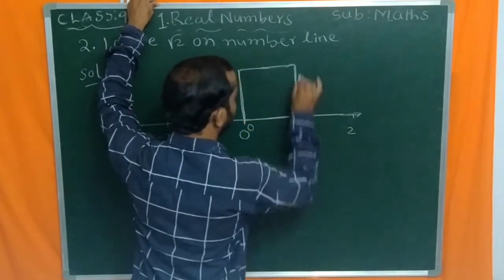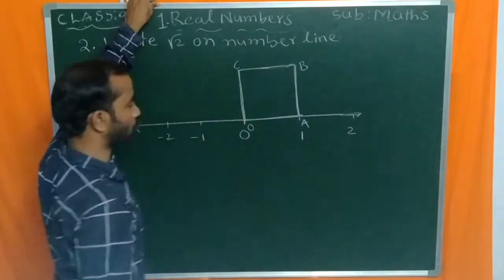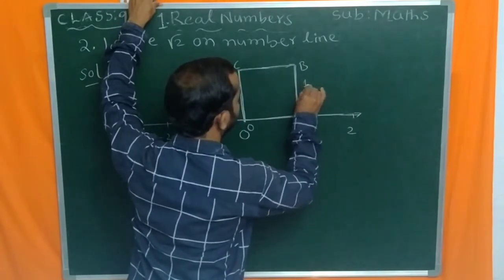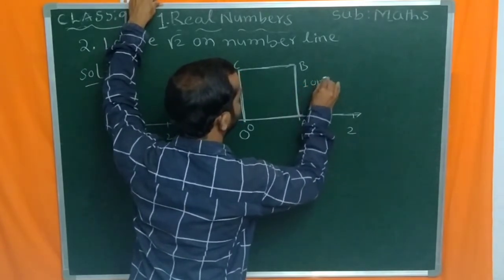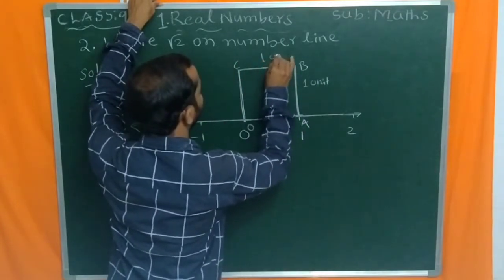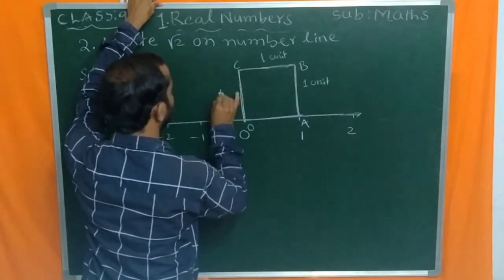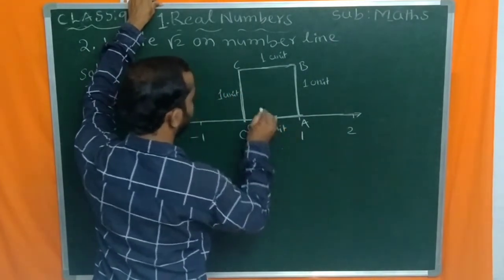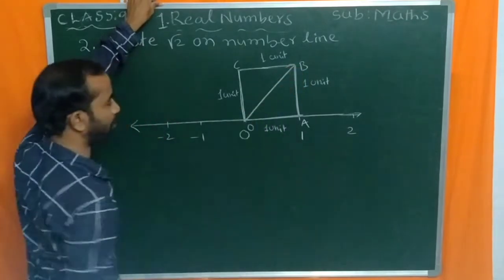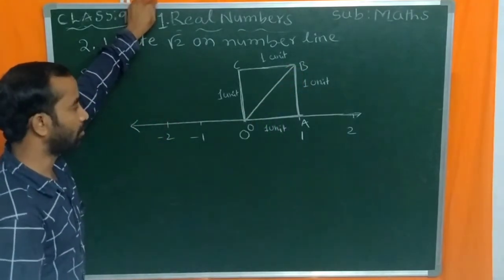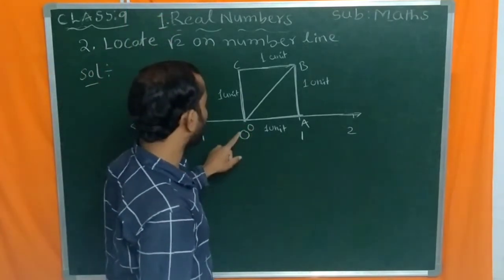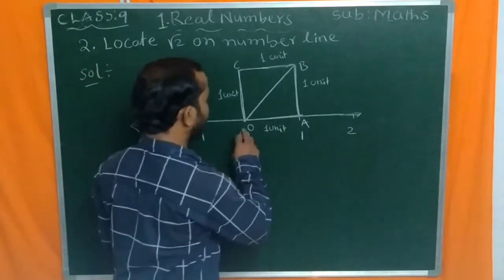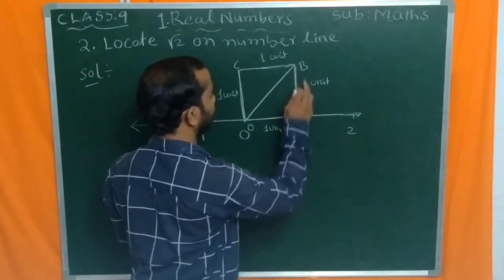OABC is a square, and the length of each and every side equals 1 unit. Next, join O and B. OB is a diagonal. OAB is one of the triangles. In this triangle, OA is 1 unit and AB is 1 unit.